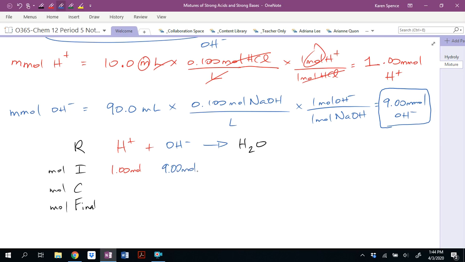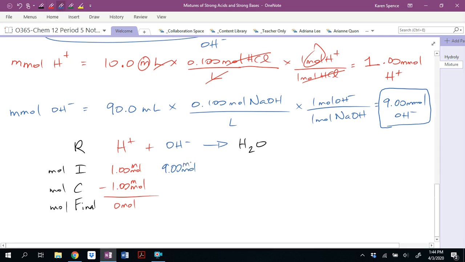And they react 1 to 1, and we're going to have to use up the smaller one first, because this is just easy stoichiometry. So we're going to use up all of our hydrogen, right? And that's going to leave us with 0 moles of hydrogen. If only 1 millimole of reactant. My apologies, these are all millimoles.